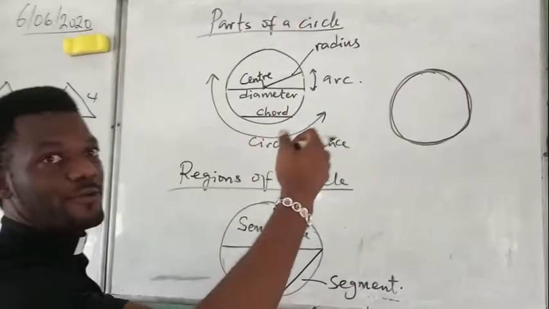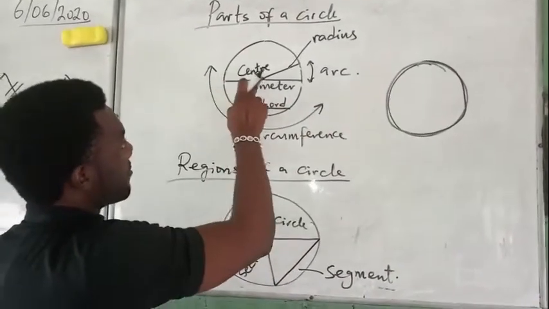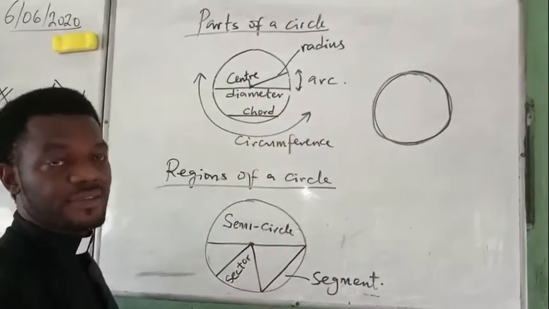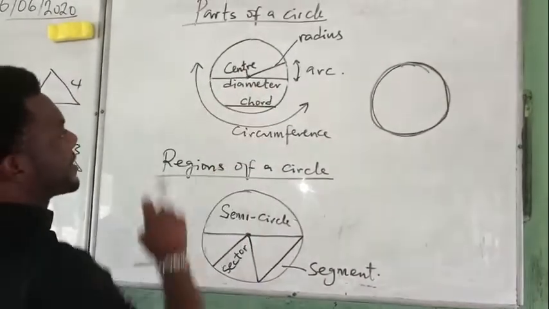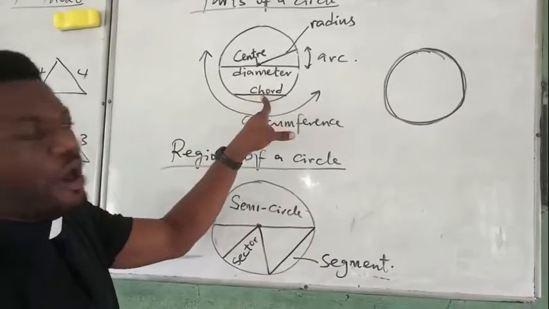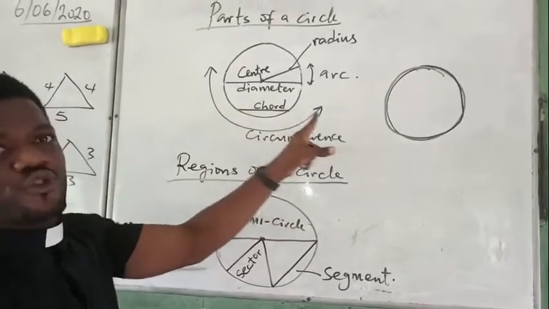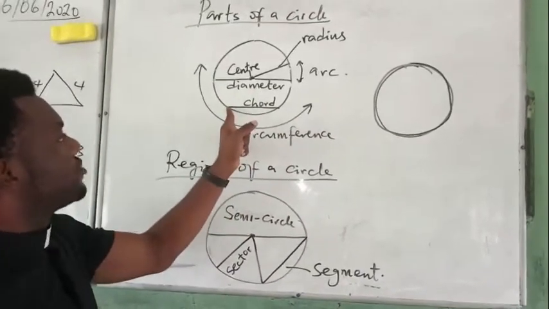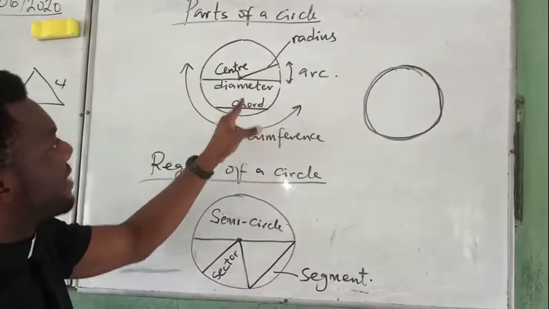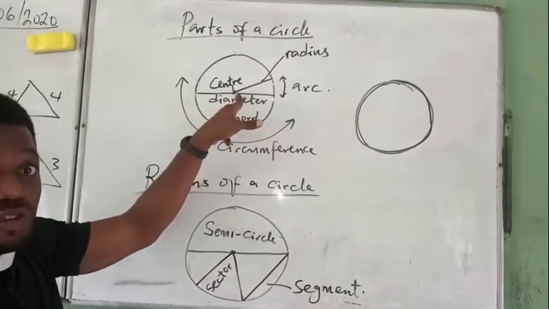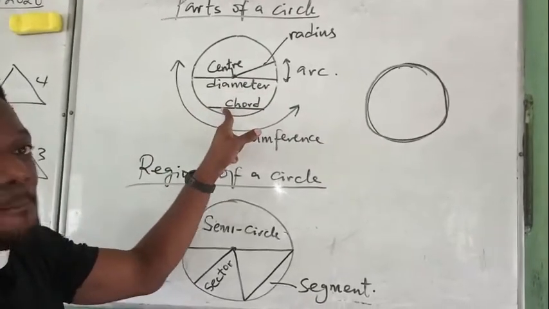So the diameter is the line that cuts across the center to another point on the circumference. Then we have a line that also touches two points on the circumference, just like the diameter. But the difference between this line and the diameter is that the diameter passes through the center, but this line does not pass through the center.